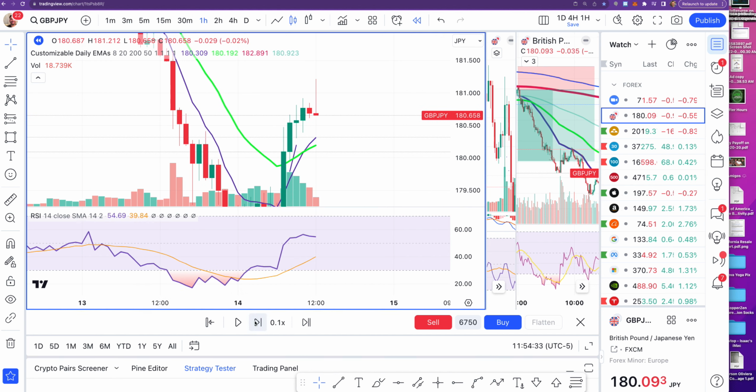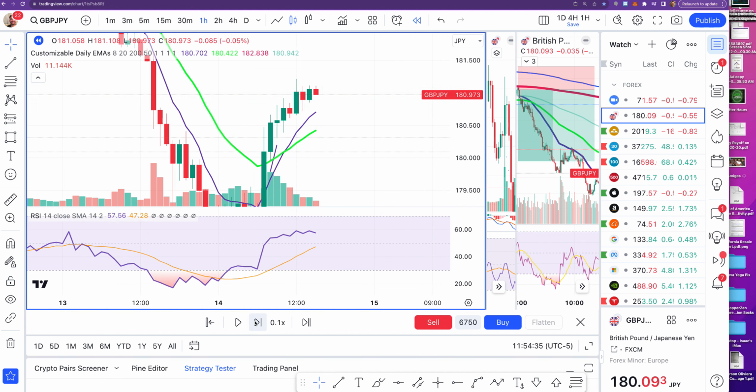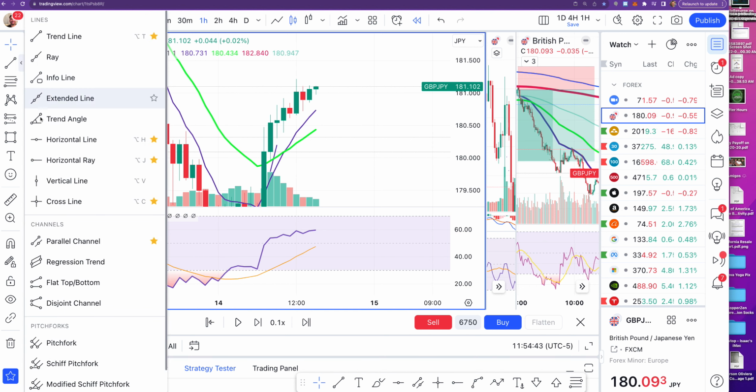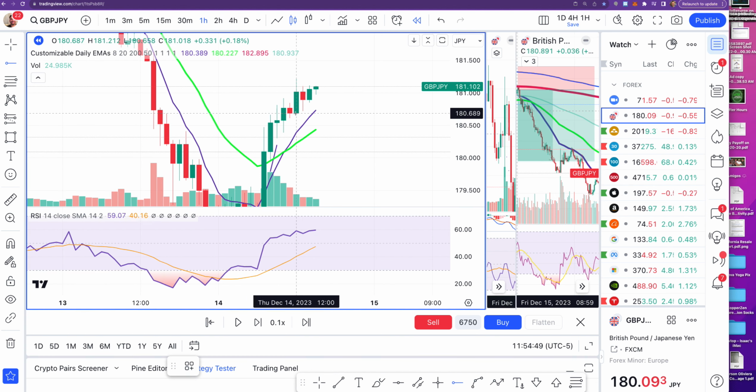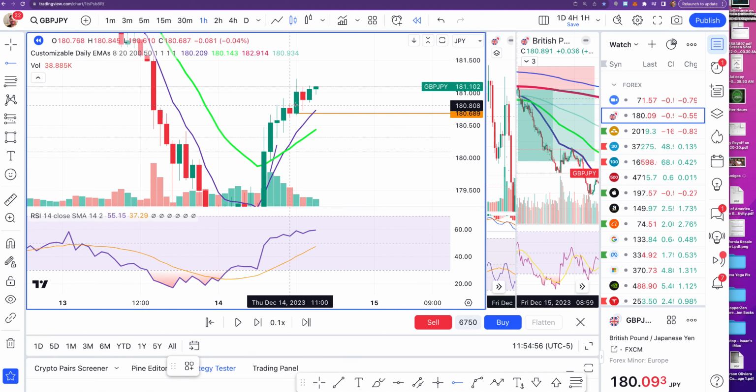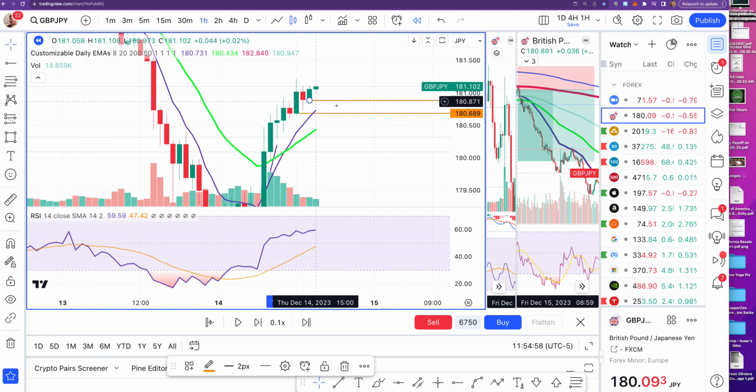So we're going to mark support on the way up because, as I said before, you're looking for the opposite on the way back down. So let's make sure we mark these support levels on the way up, so that we can use them for resistance on the way back down.